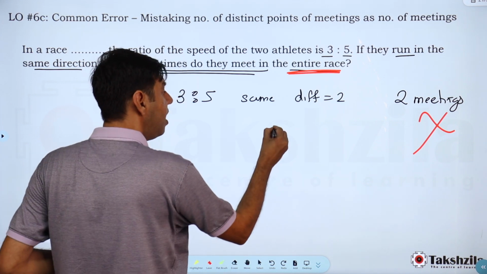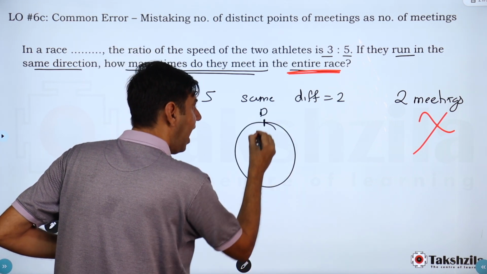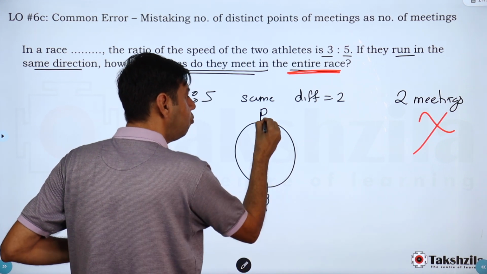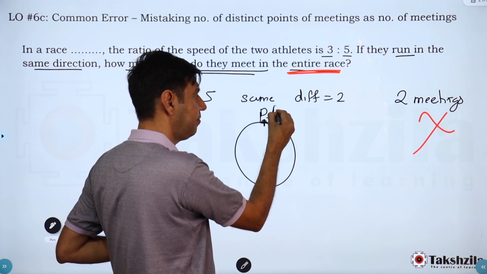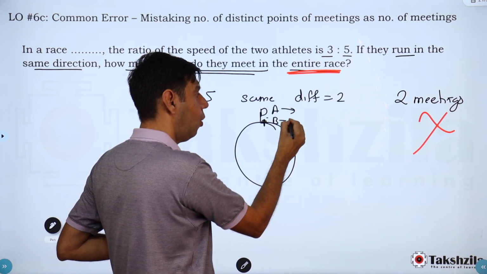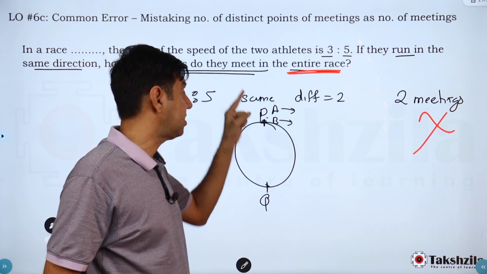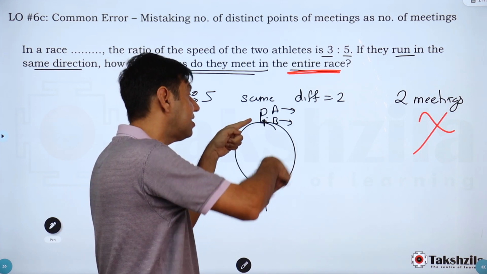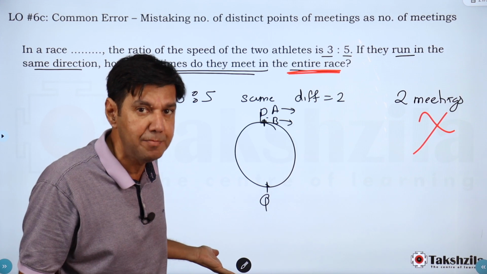What is this 2? There are only 2 points, the original start and the opposite. These are the 2 places where they can meet. So let's say they start from here, A and B, okay? And remember, the first meeting cannot be here, because if the first meeting happened here, then the second would also be here, the third and fourth too, and then this point is not a meeting point.